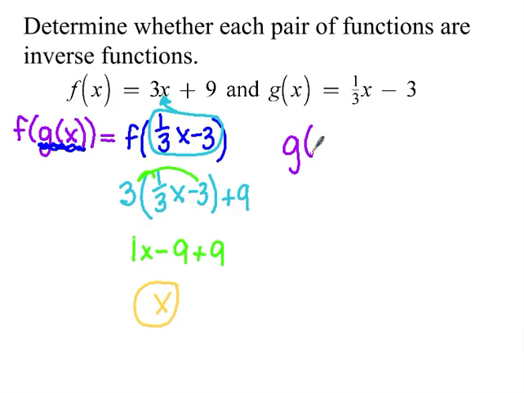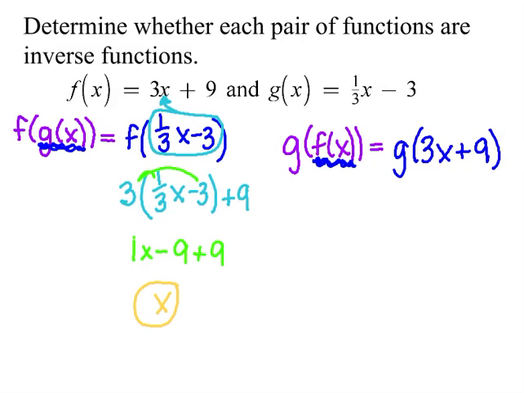g of f of x. Very first thing, put f of x in place. So I've got g of 3x plus 9. So what function do I go to? g function. So I'm going to plug it in right here.